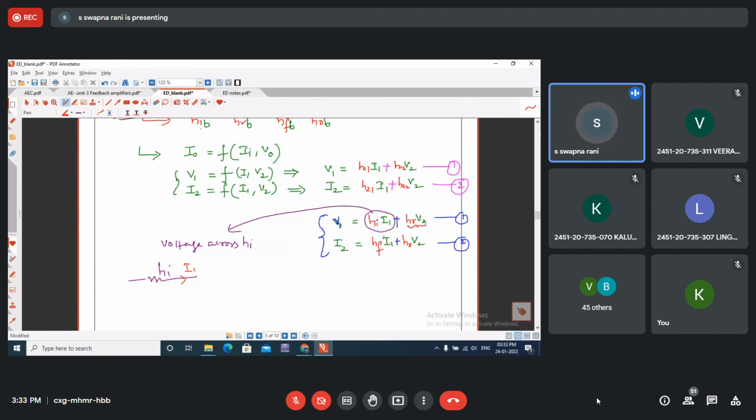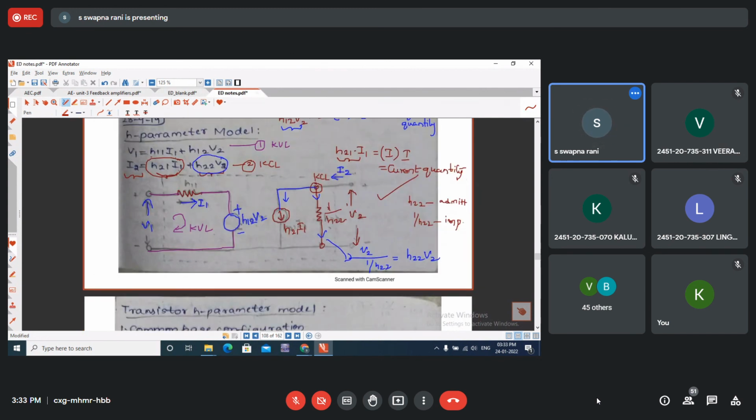The other term is a voltage quantity, therefore I have introduced a voltage source H12 into V2. So if you apply KVL to this loop, you will get the input voltage V1 as the sum of the voltage drop across H11, the input impedance, plus the voltage source. So that is what we got in this circuit.